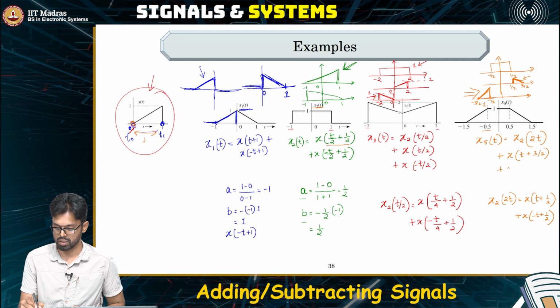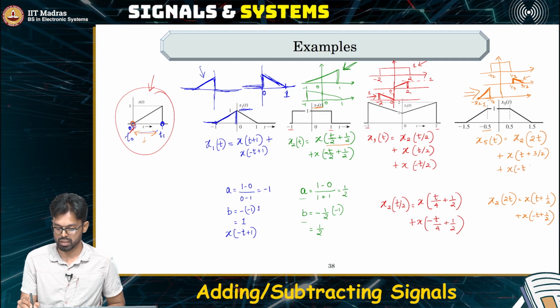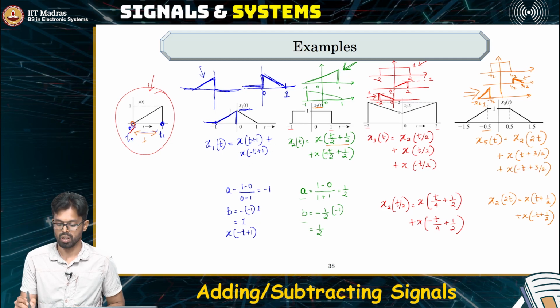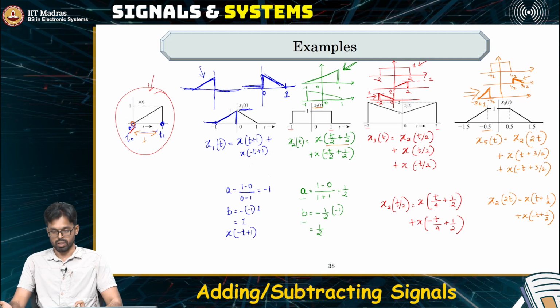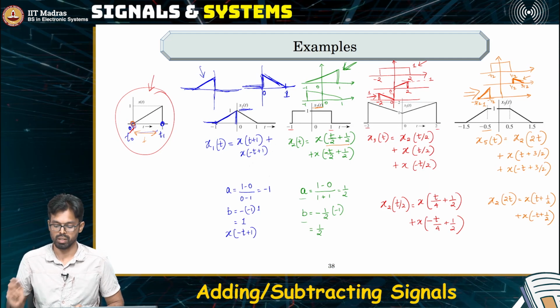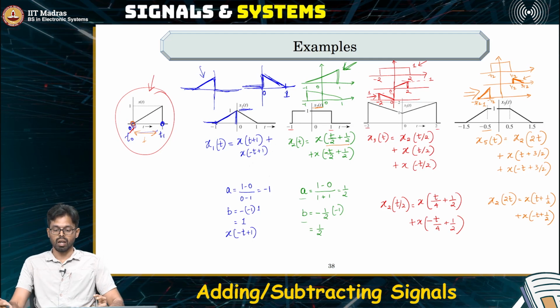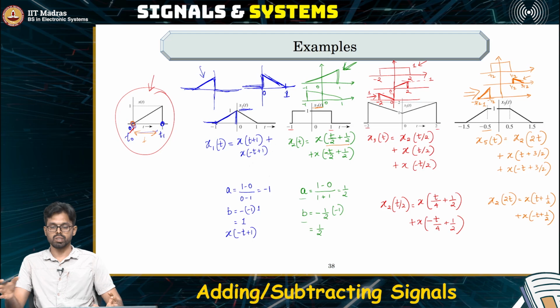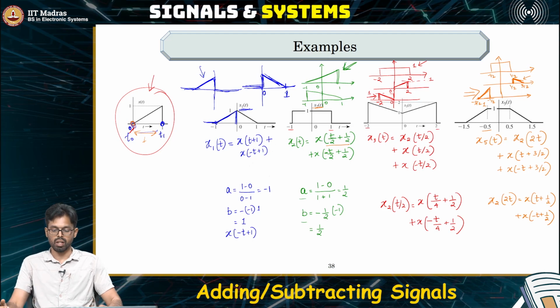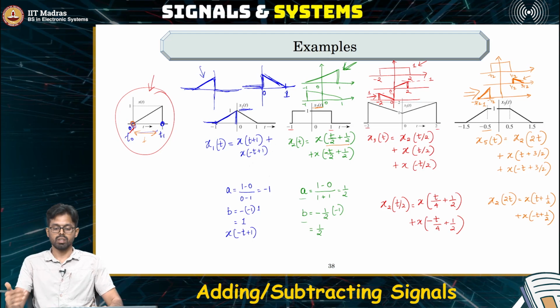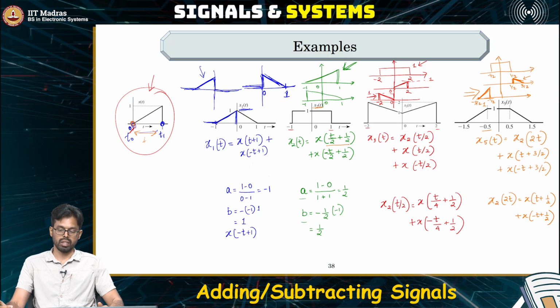So the other component is just x of minus t plus 3 by 2 and you're done. You get the signal you're looking for. Okay, so this now gives us a nice hands-on on how to decompose different signals in terms of one known signal, how to find out the components. This will help us in analyzing signals later in this course.